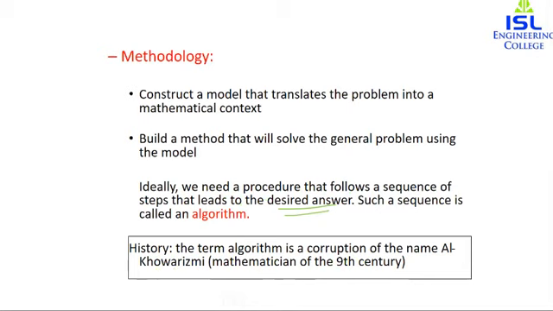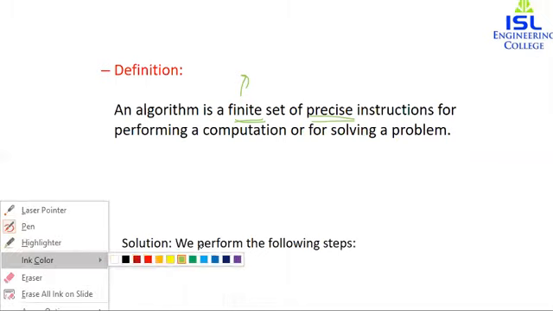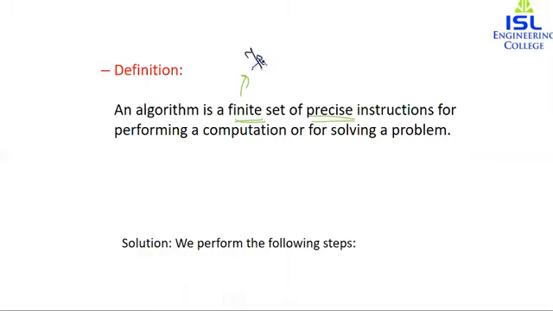Now, what is the definition of algorithm? An algorithm is a finite set of precise instructions. Why am I underlining this? I'll tell you in a moment. It is a finite set of precise instructions for performing a computation or for solving a problem. So these are a few of the properties of an algorithm: the steps should be finite, precise, and give us the correct solution.